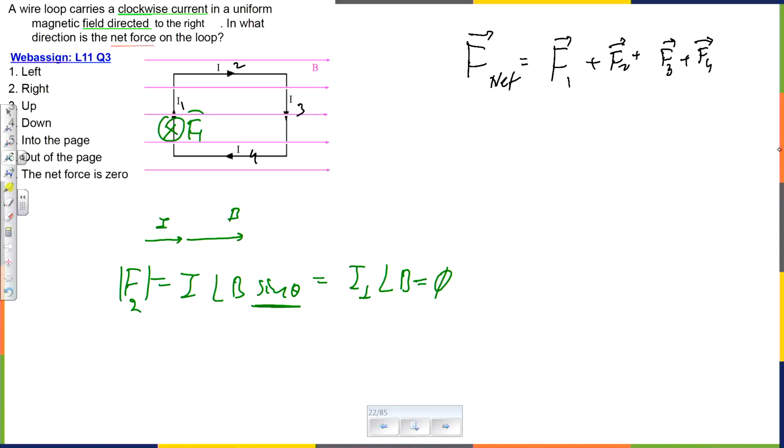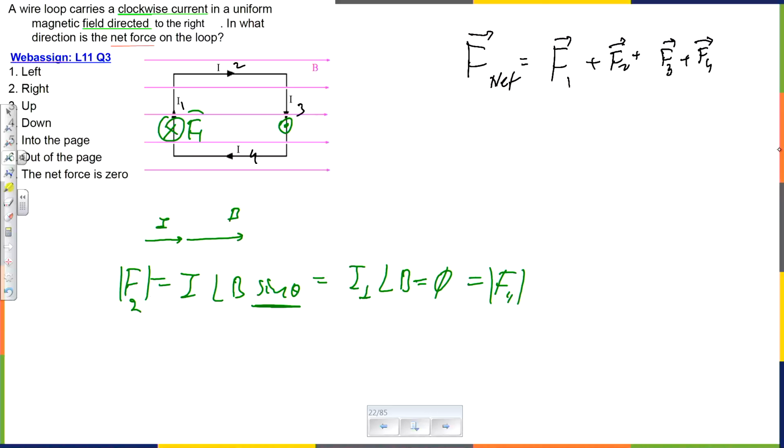And actually immediately number 4. The angle will be 180 degrees, but still sine of 180 is 0. And here we switch the direction of the current, which means we have to switch the direction of the force.